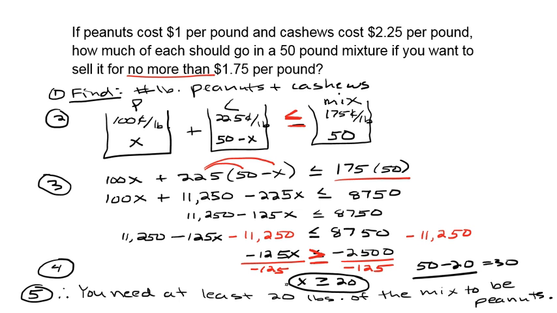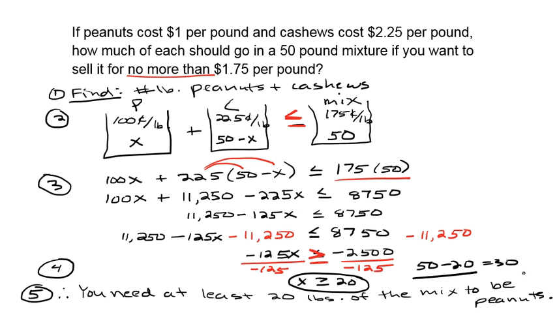So let's talk about this just a little bit. If x has got to be greater than or equal to 20, that's the number of pounds of peanuts. Now I'm looking at a 50-pound mix, but this says that at least 20 pounds has to be peanuts. So I could have 20 pounds of peanuts and 30 pounds of cashews, or maybe I have 25 pounds of peanuts.